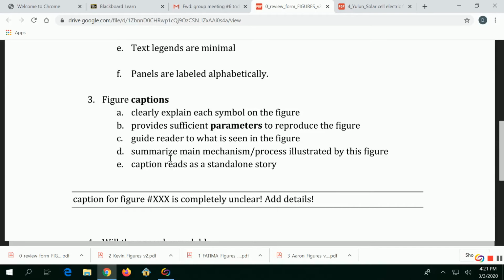If possible, give parameters which would help to reproduce the figure. This has two values. One is that, like if I'm writing something, I'm not trusting my memory, I may just forget it. It could be the only place where the parameters are stored.